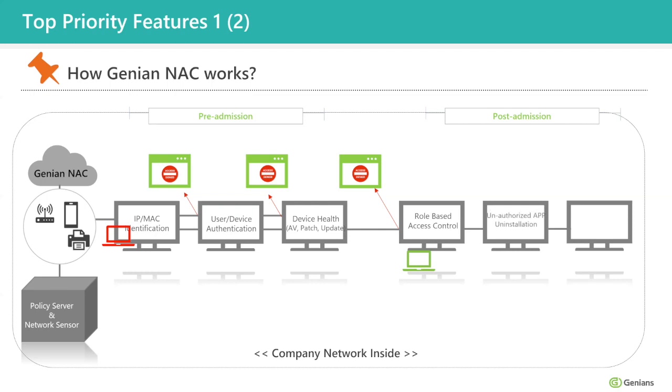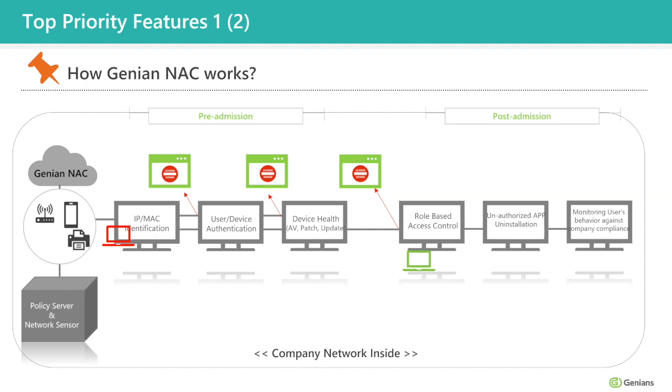And if the device installed some banned or prohibited application or software, Genian NAC identifies and blocks the device from accessing the network. Plus, if the device's behavior is abnormal against the security compliance, Genian NAC blocks the device from accessing the inside network.